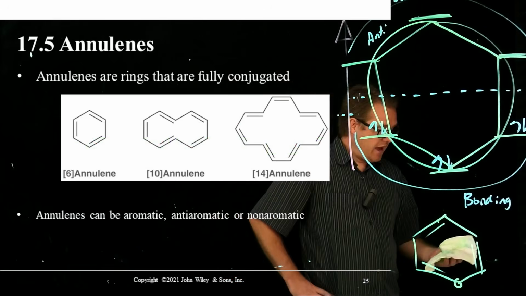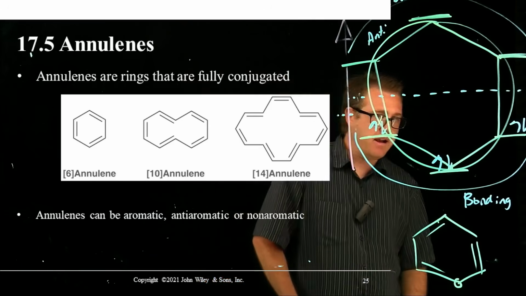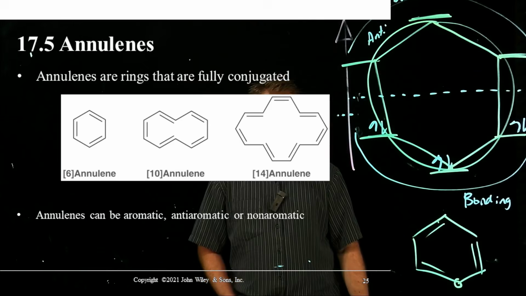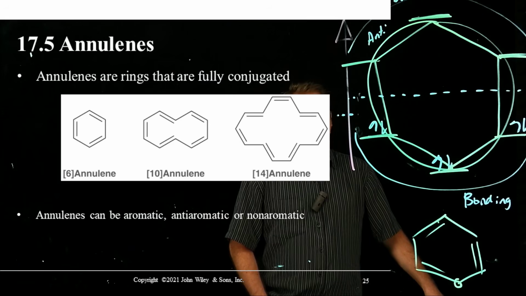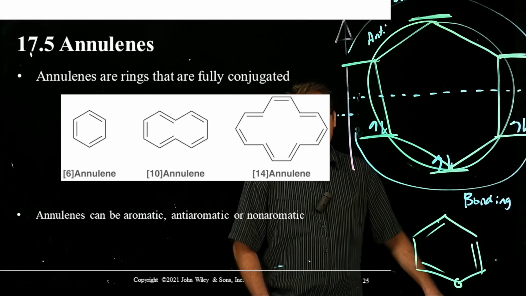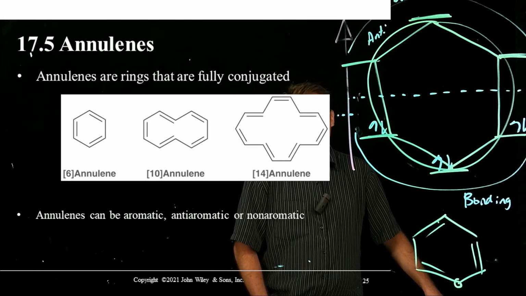There's another way to name or refer to molecules, and they are called annulenes. You can see 3 examples right there. Annulenes are simply counting how many carbons there are.